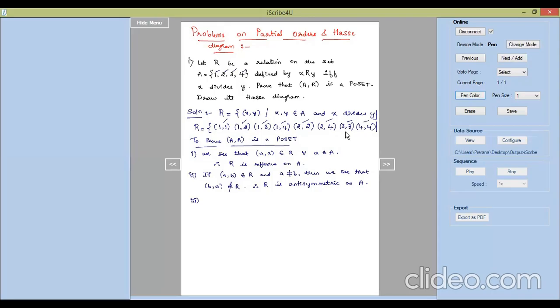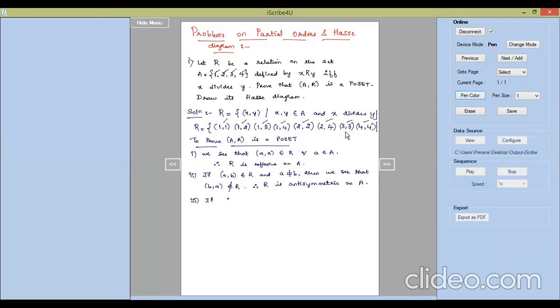So we observe that for every element A, B belongs to R and B, C belongs to R, we see that A, C belongs to R. So we can now conclude that it is transitive. R is transitive. So we'll write down the same thing.